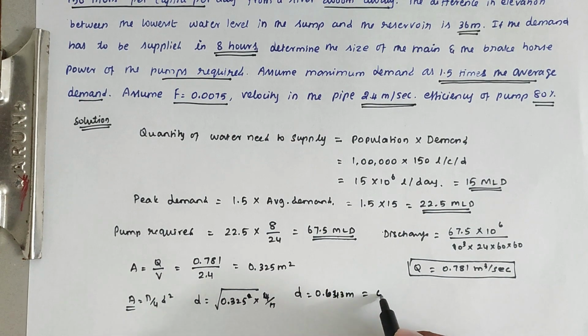So we can take 0.65 meter. The diameter of the conduit will be 0.65 meter. Next we have to find the head loss, and after that the power of the pump.